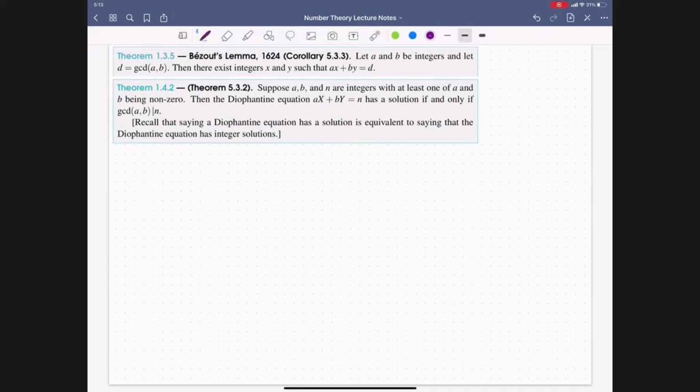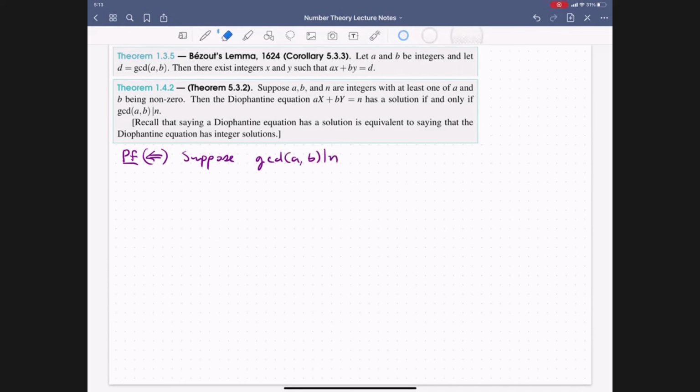So let's go through this. So let's do the converse first. The converse is quite nice and automatic. So for the converse, suppose that the GCD of a comma b divides n.